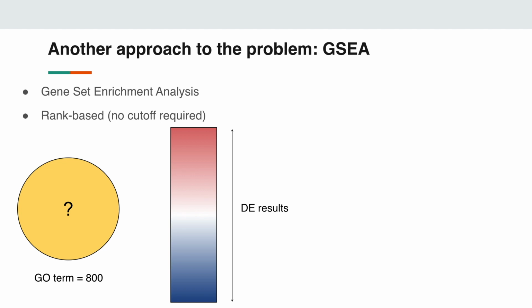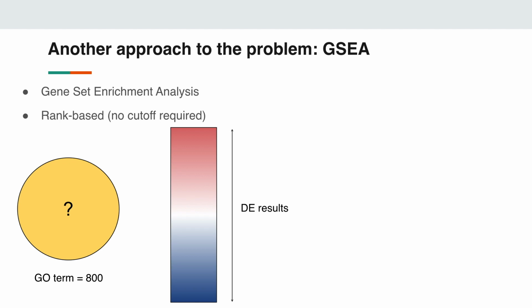So what you're doing in this case is taking your full list from differential expression results and ordering those genes by their fold change. So any gene that was tested in your DE analysis will be in this list, whether they were significant or not in terms of their expression change from experiment to control.